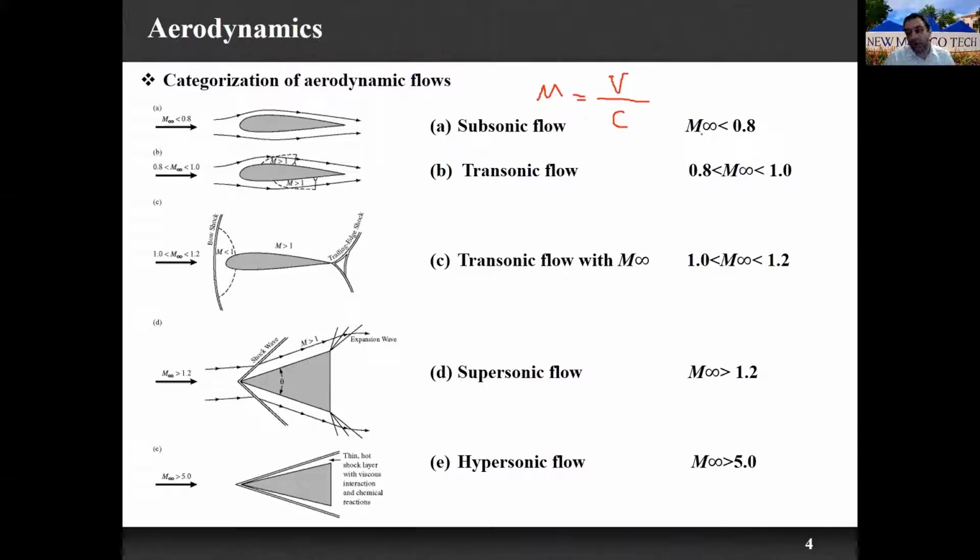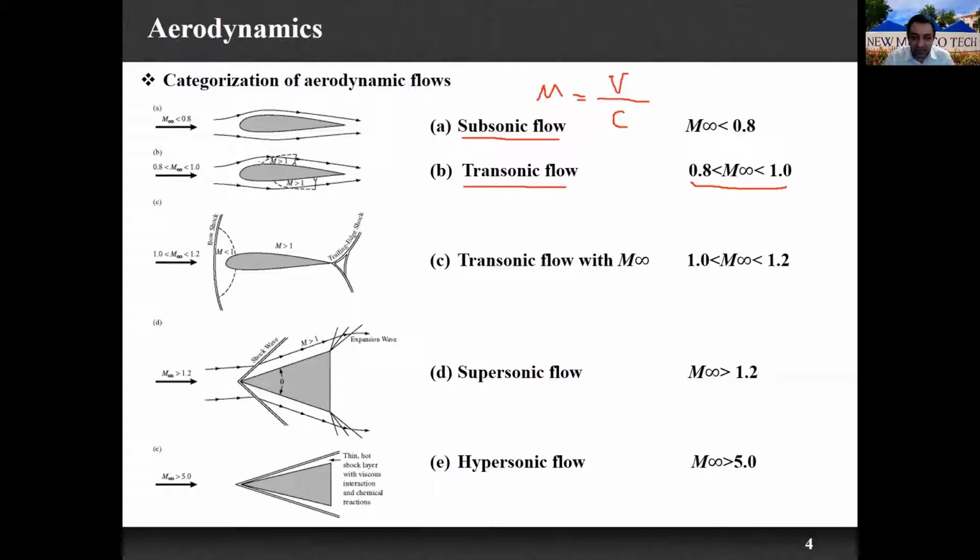If your Mach number is less than 0.8, it means that the velocity of your vehicle is less than the speed of sound. So we are dealing with a subsonic flow, which means a low speed flow. If your Mach number is between 0.8 and 1, we are dealing with a transonic flow.